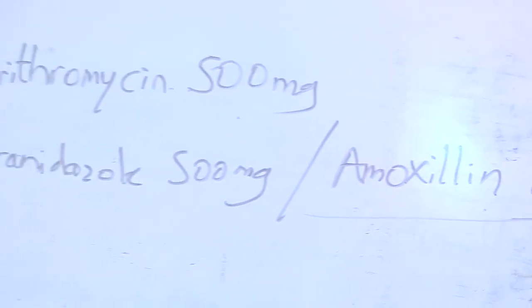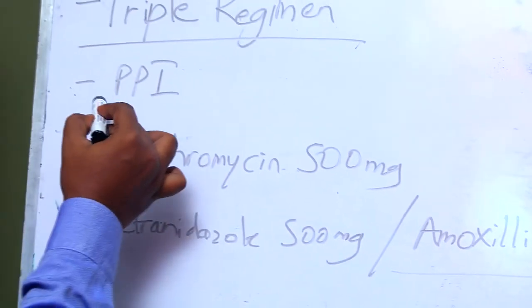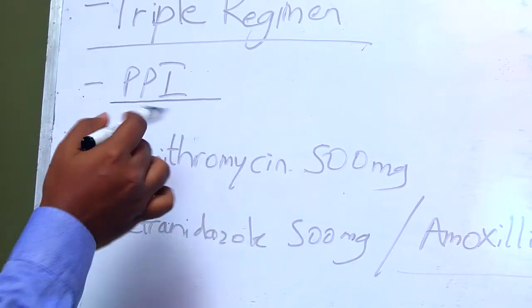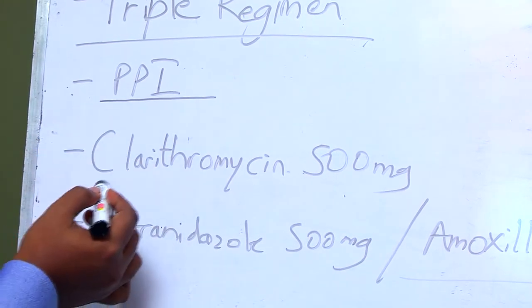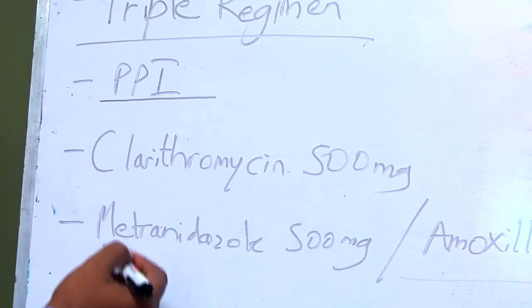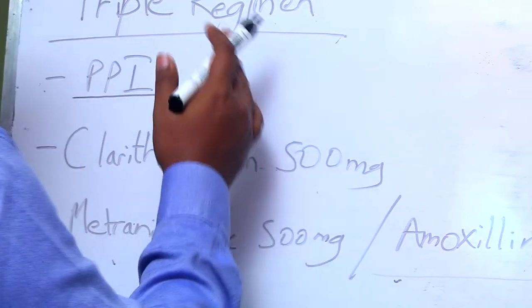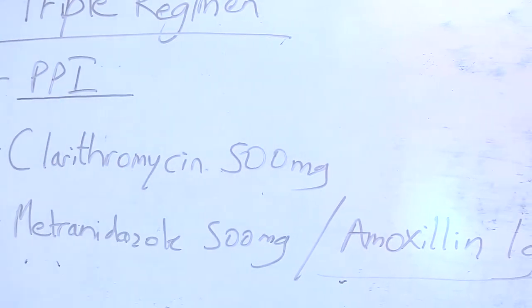So this is a triple drug regimen wherein you give 1 proton pump inhibitor, which may be omeprazole or rabeprazole, and then you give clarithromycin and metronidazole or amoxicillin. This is called a standard triple regimen.